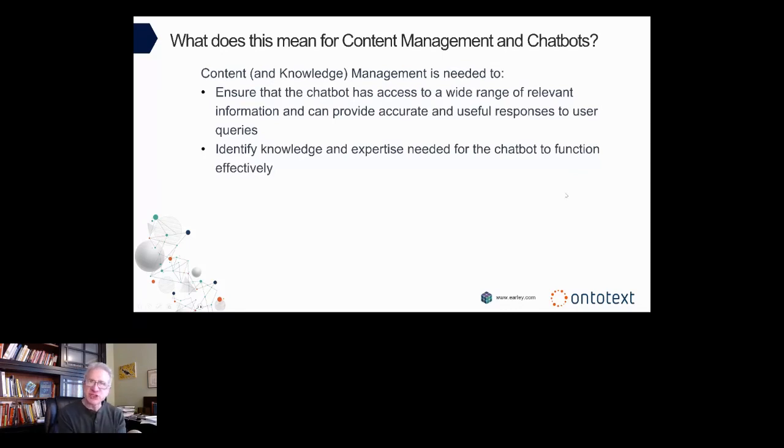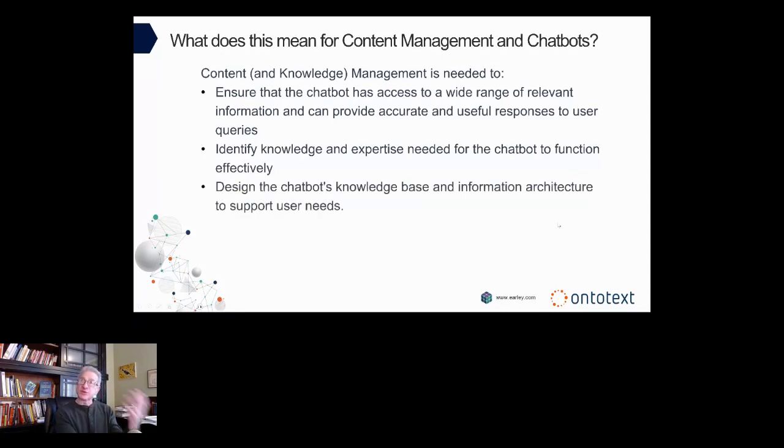We need to make sure we have the knowledge and expertise for it to function. We need to design the knowledge base that we're retrieving from using retrieval augmented generation, right? Again, it's not using the language model to answer the question. It's using the language model to process the query, and then you're retrieving the information.